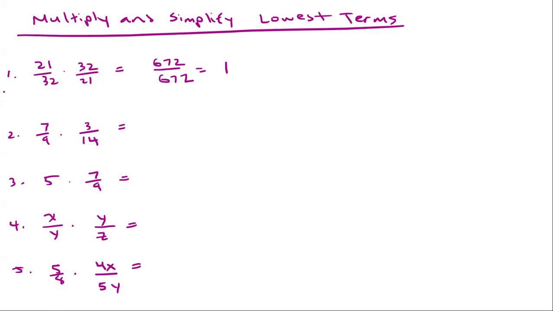The other way to do it is to start canceling things that are like terms. In this case, we have 21 on the top, 21 on the bottom. So 21 can go into 21 one time. Same thing for this one, and 32 can go into 32 one time. And then this also is 1 as well.